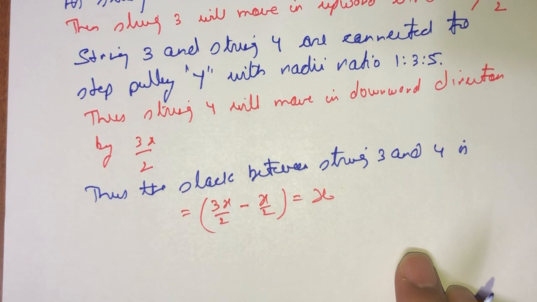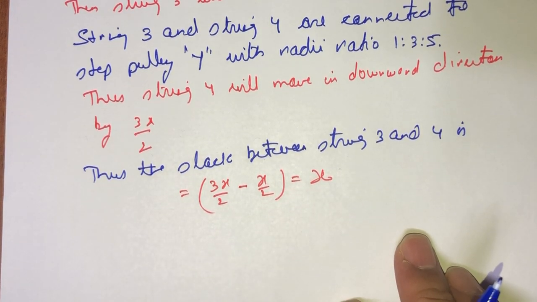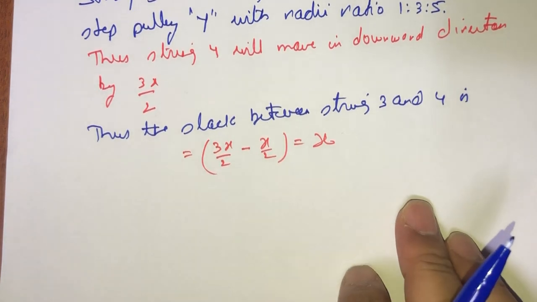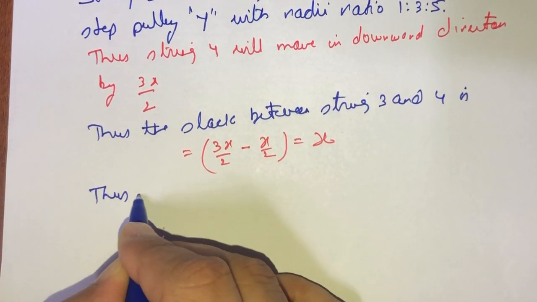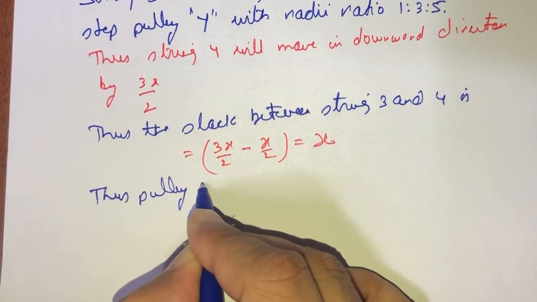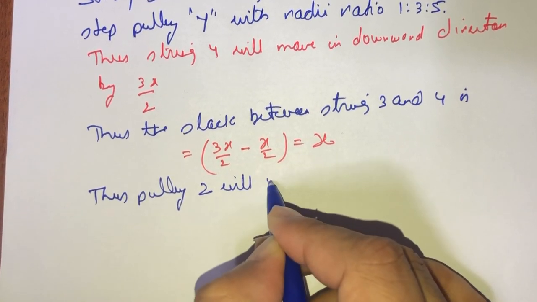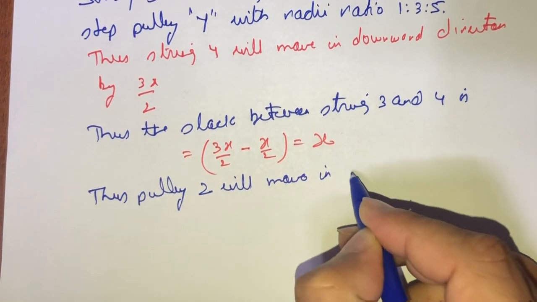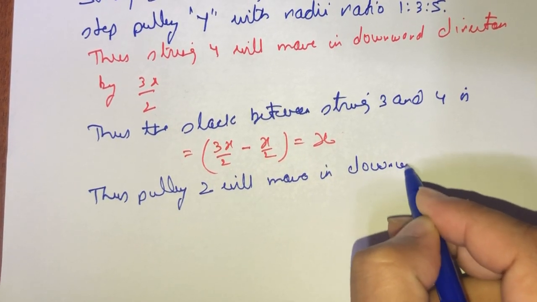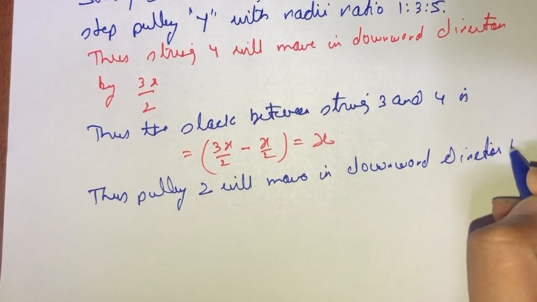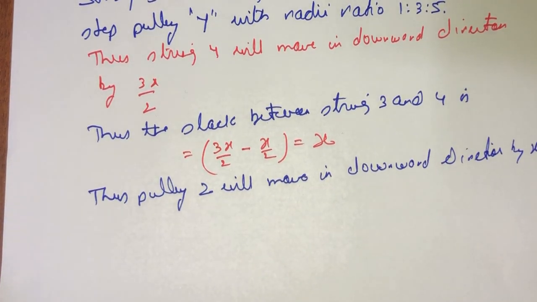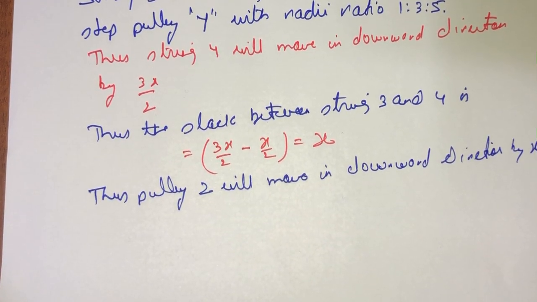So pulley Z will be moving in downward direction by x, and string 5 will move in the downward direction by x/2.